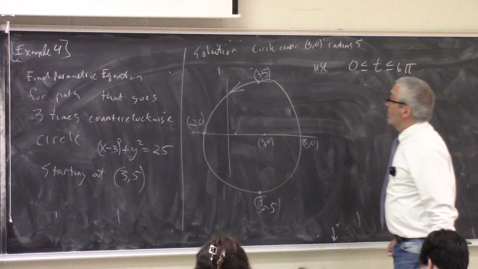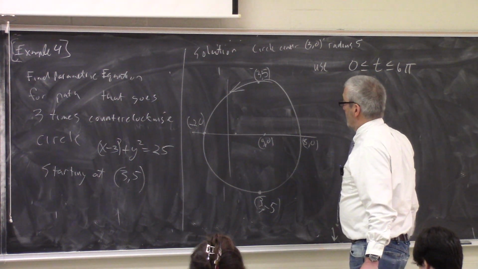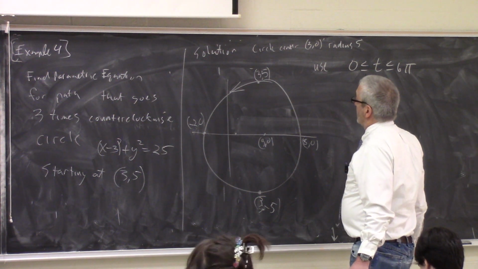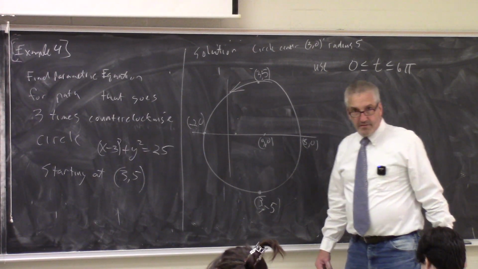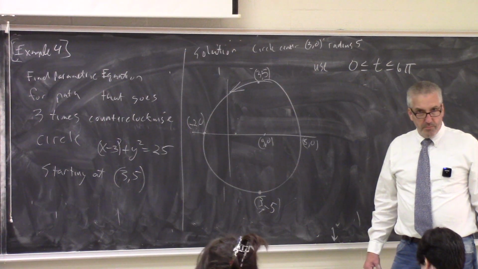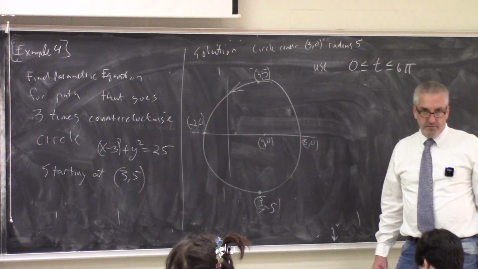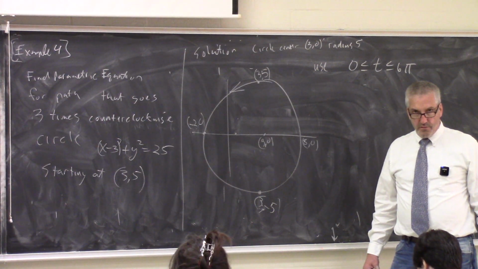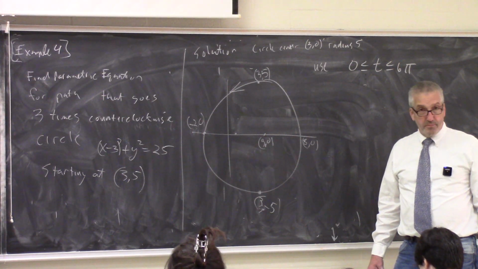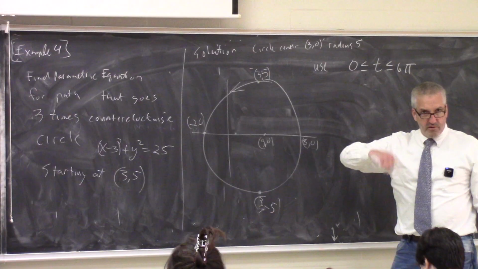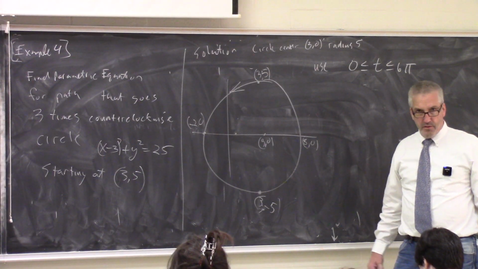Okay, now we want the values of x and y to fluctuate by amounts 5, plus and minus 5. So we want to have sines and cosines multiplied by 5, so the fluctuations go up and down by an amount 5.